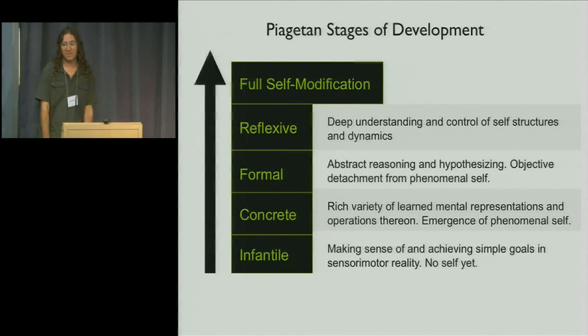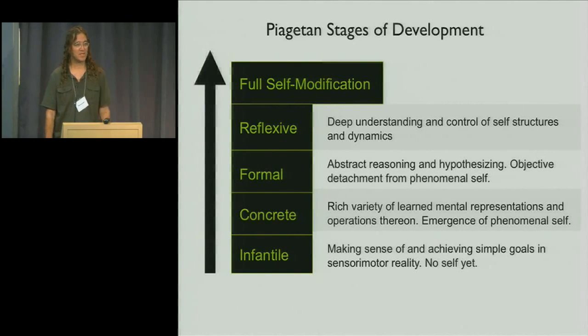And you look at the hierarchy of more and more abstract types of learning, from infantile learning, which is just making sense of simple goals in your sensory motor reality, through concrete learning, which involves a sense of self and reasoning about the specific things in your environment, formal and abstract learning.